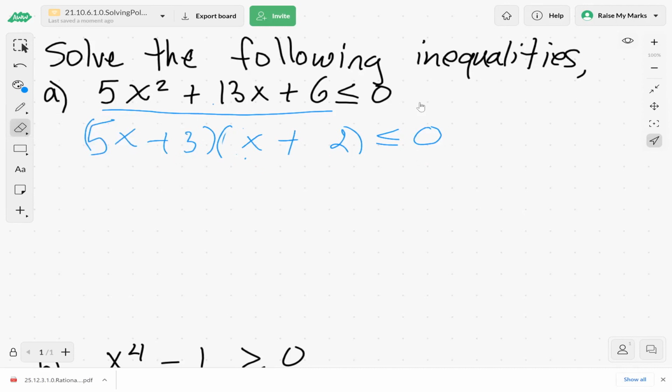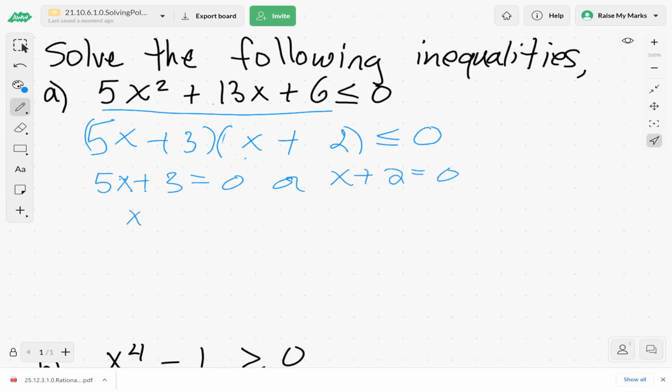And next, let's determine what x values satisfy this inequality. First, we're going to consider when the equality holds. So when does 5x plus 3 times x plus 2 equal 0? That occurs when 5x plus 3 equals 0 or x plus 2 equals 0.